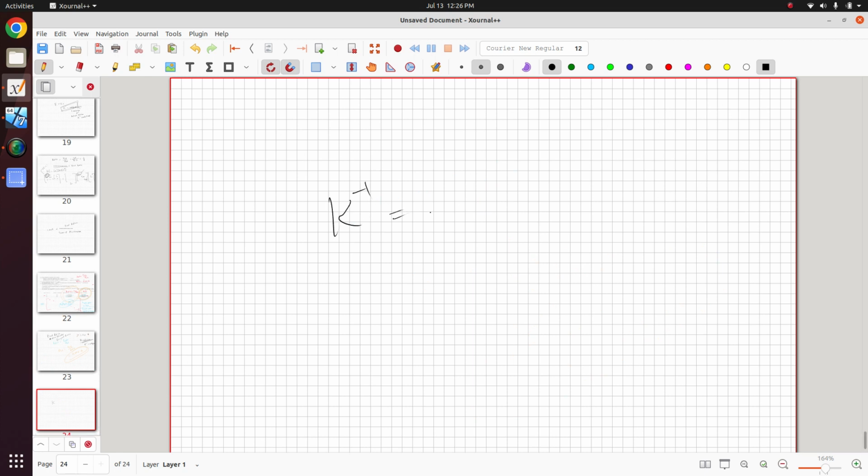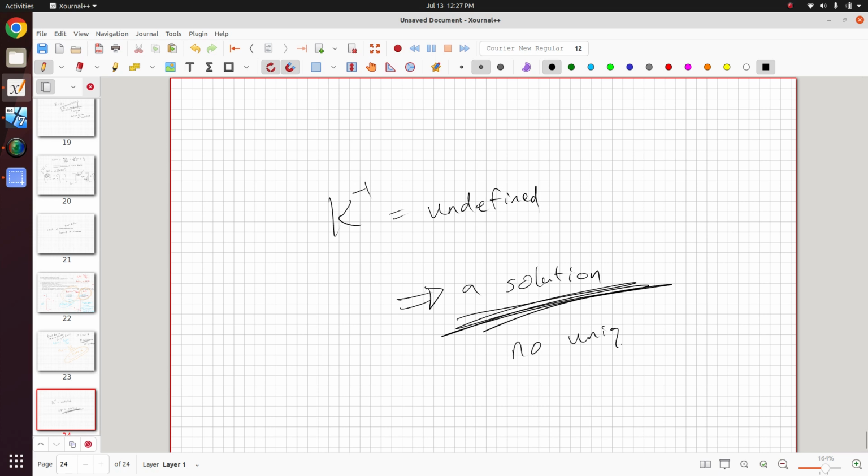Theoretically, the inverse of K is undefined if you have a mechanism. But you'll find out that when you're dealing with these algorithms or in your computer, you can still find a solution. So the computer thinks that there is a solution, but we know that there is no solution, no unique solution. Just keep that in mind.